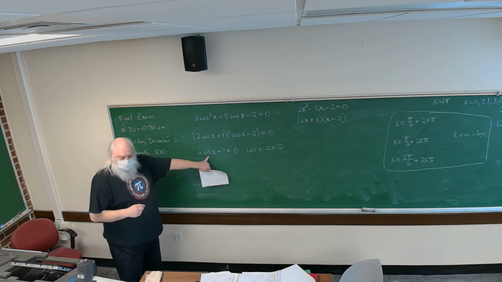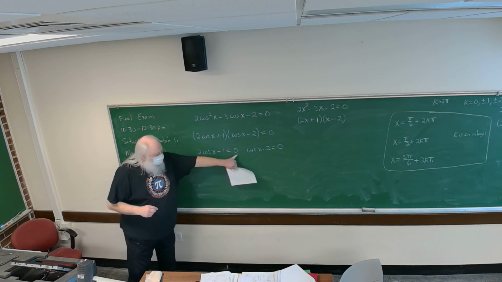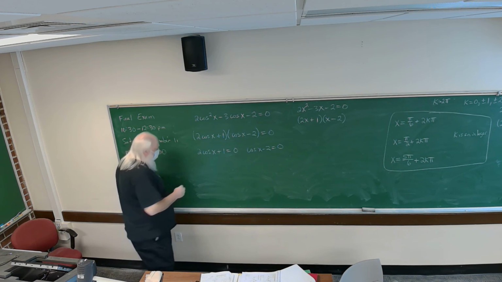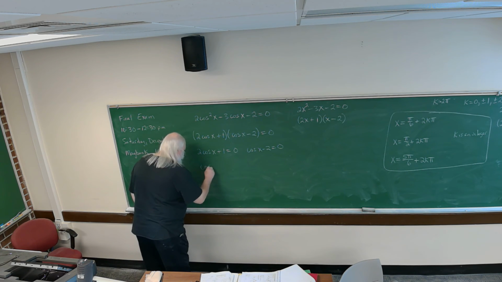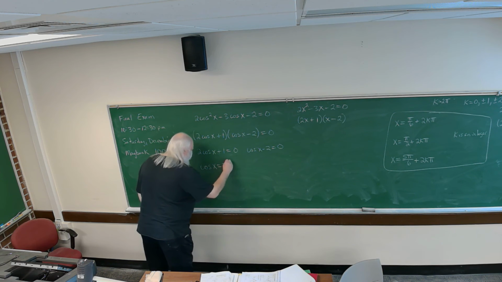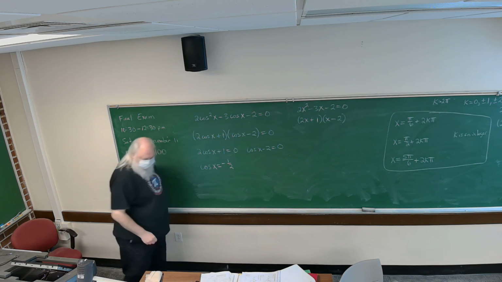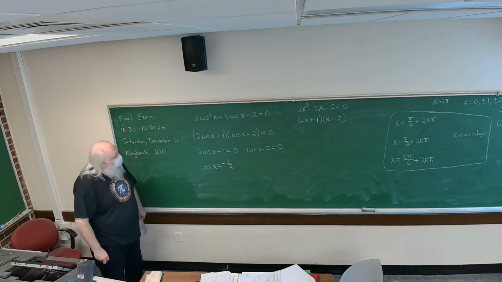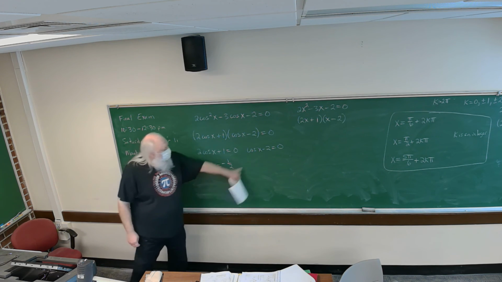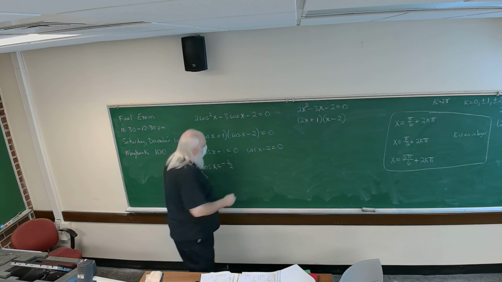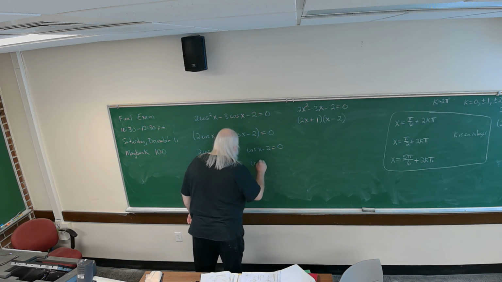In the first equation, when I solve for cosine x, I subtract 1 from both sides and divide by 2, and I get cosine of x is equal to minus 1/2. In the second equation, I add 2 to both sides, and I get cosine of x is equal to 2.